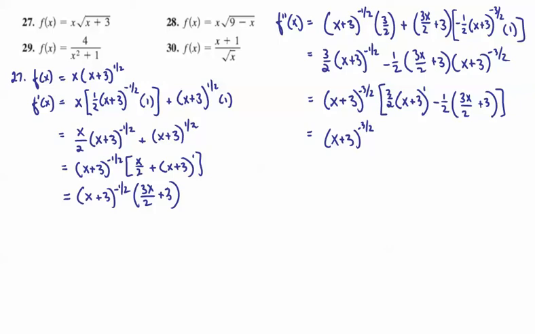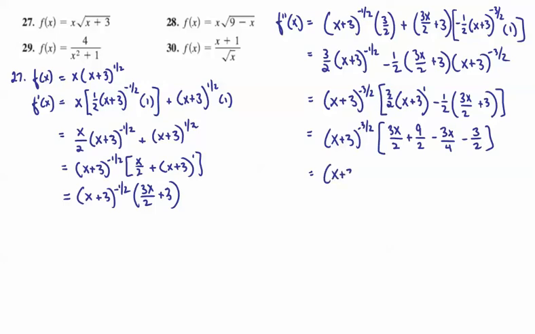And multiplying all this out, we get 3x over 2 plus 9 over 2 minus 3x over 4 minus 3 over 2.